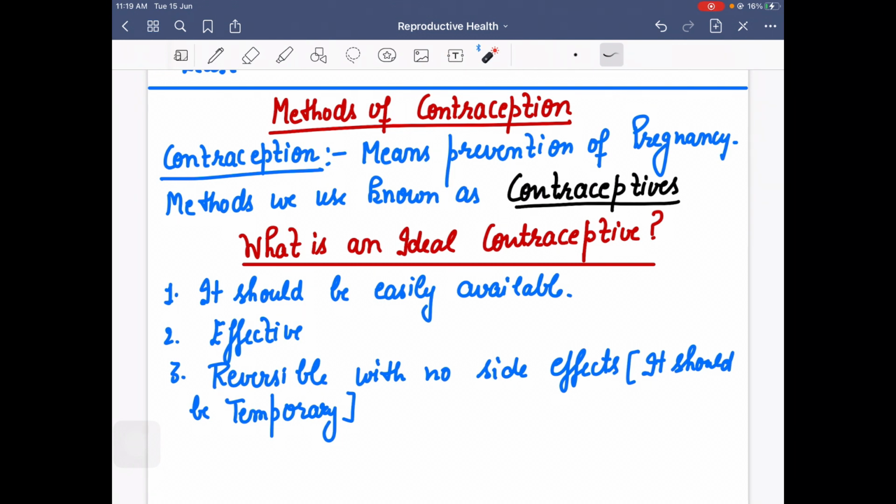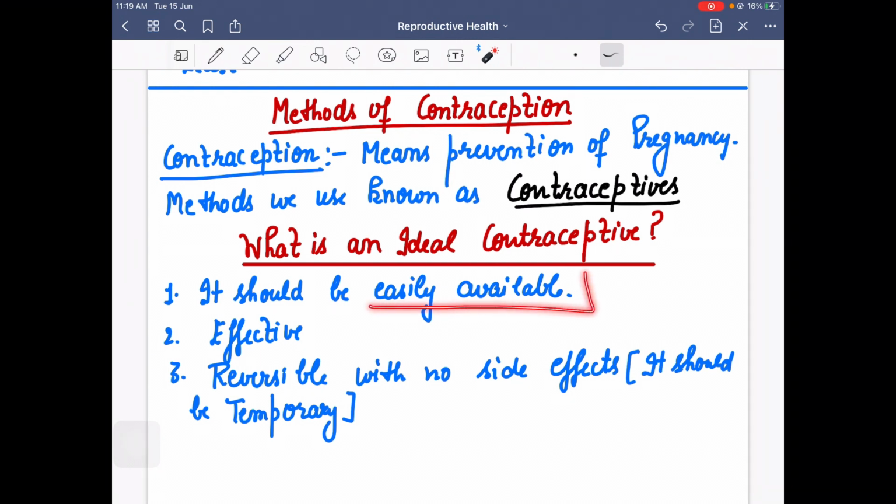Thirdly, it should be temporary, because if it is permanent, then in the future, if a couple wants a child and wants to reproduce, the person should not be unable to have a baby. We don't want such a contraceptive. So what are the main points about the ideal contraceptive?